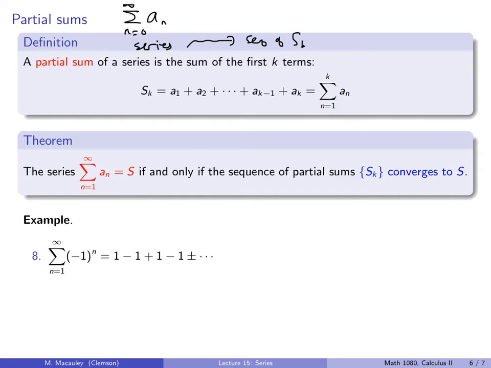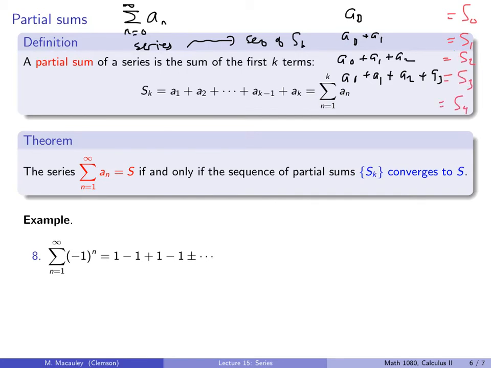I can write this as A1, or I guess A naught, plus A1, A naught plus A1 plus A2, A naught plus A1 plus A2 plus A3, and what I get is this is S naught, this is S1, this is S2, this is S3, next one is S4, and this thing here is a sequence of partial sums.